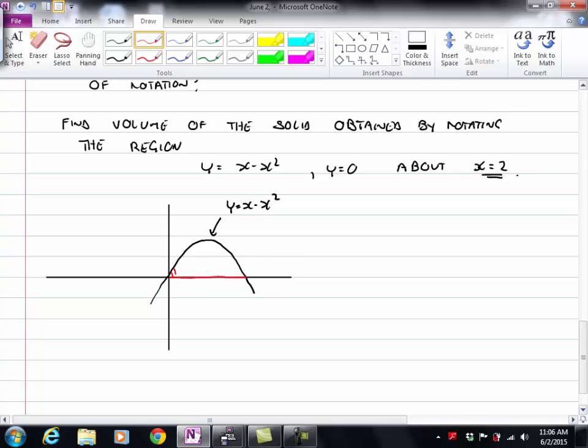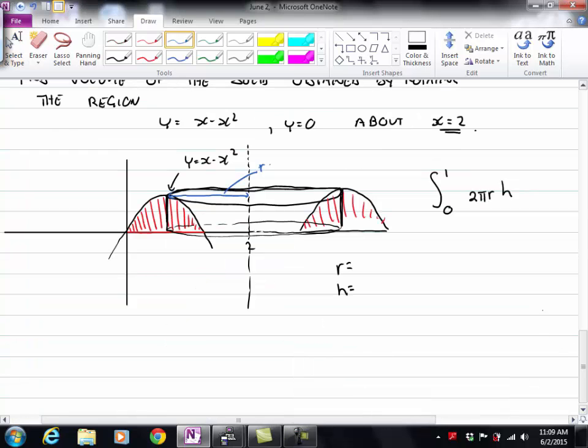Therefore, the region that I asked you to rotate is this region right here. I'm going to spin this really fast around x equals 2, which lies right here. I'm going to pause it and let you figure out what r is in terms of x. That's where the issue lies.